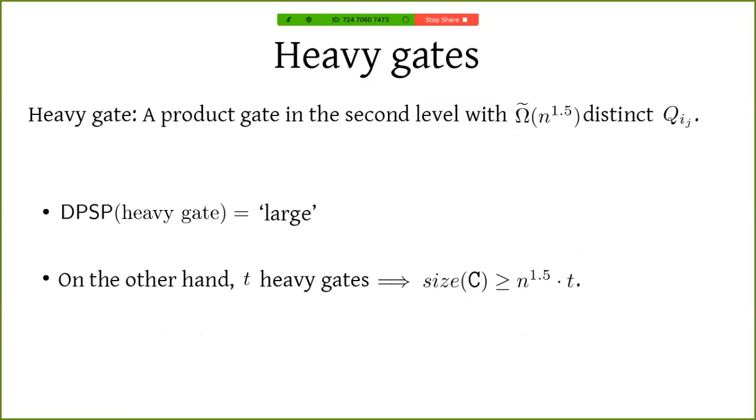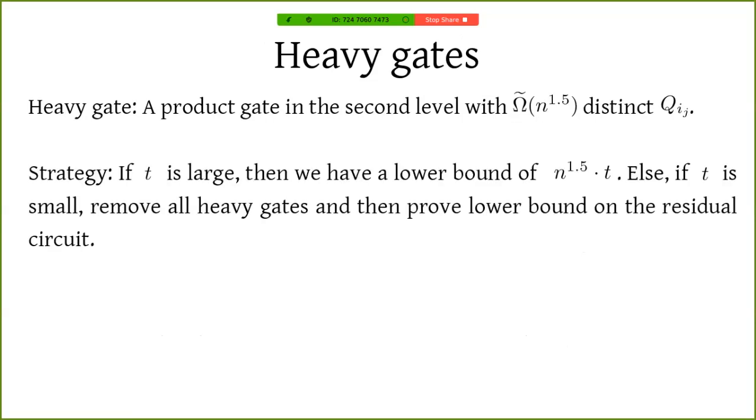On the other hand, the good news is that if the number of heavy gates is t, then the size of the circuit is already greater than or equal to n raised to 1.5 times t, and this suggests the following natural strategy. If t is large, then we already have a lower bound of n raised to 1.5 times t.